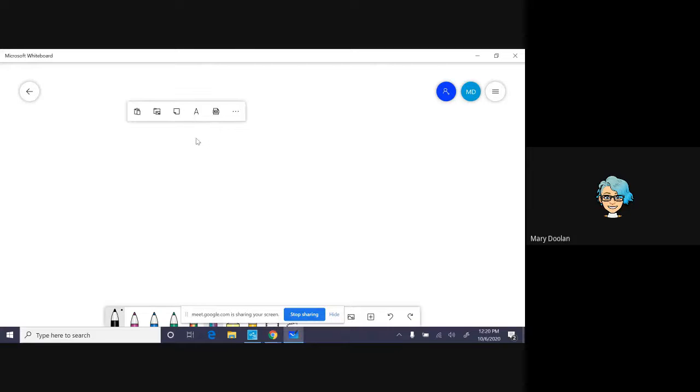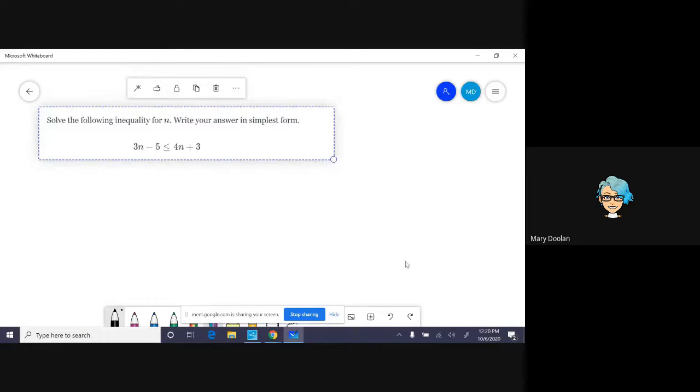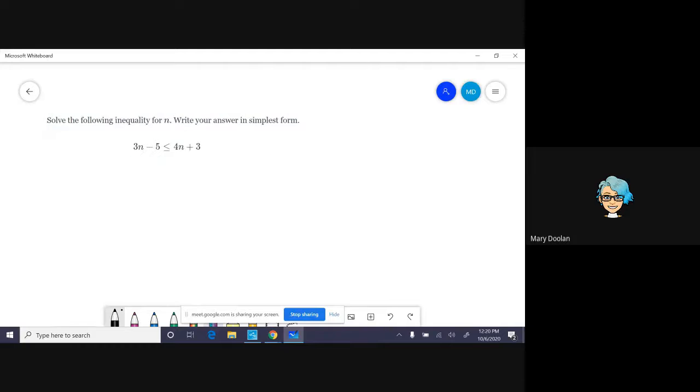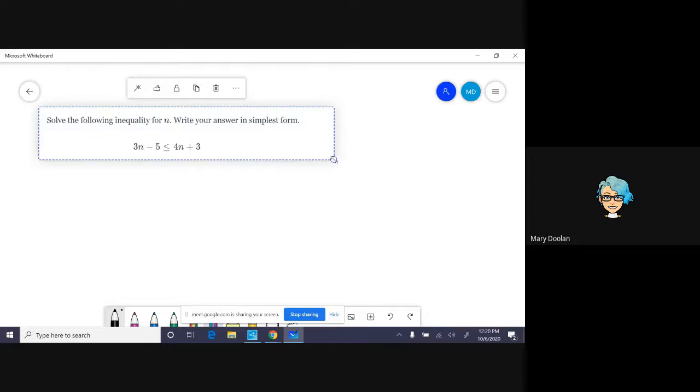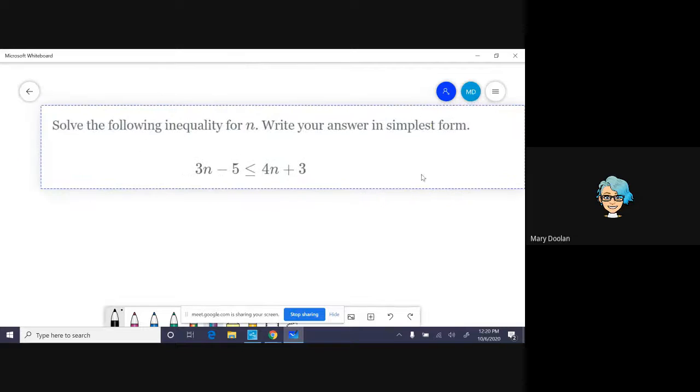Okay, so let's go ahead and paste this little problem we have here. And this is the one they gave us. And I can use all my fun colors and work it out for you step by step.